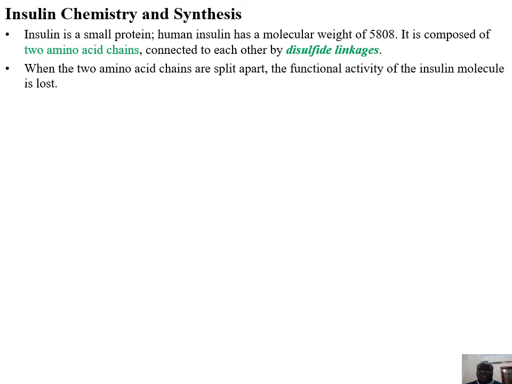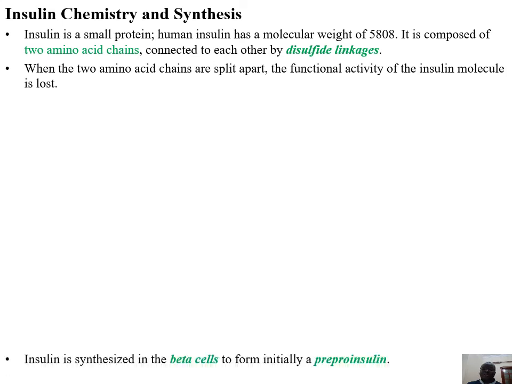It is composed of two amino acid chains connected to each other by disulfide linkages. When the two amino acid chains are split apart, the functional activity of the insulin molecule is lost. So when you break down the disulfide linkages, the two polypeptide chains lose their functional activity, so it can't stimulate the cells.